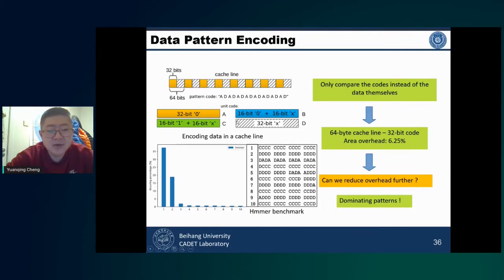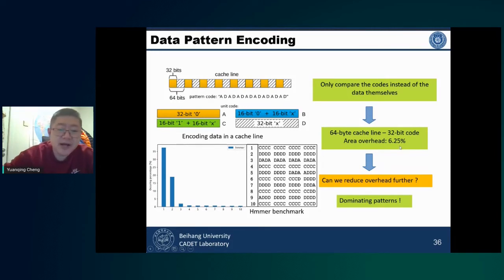That's why we can eliminate the read operations from the cache. But another problem is that if we use 64 bytes as our cache line size, we need 32 bits for the pattern code. The area overhead is more than 6%. This is a large overhead that may be unacceptable.